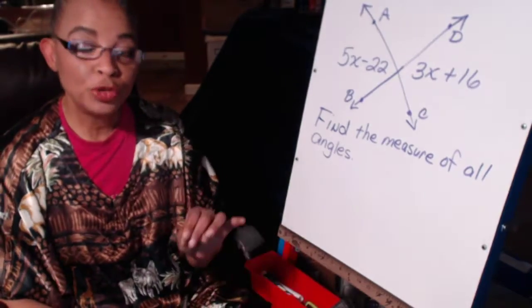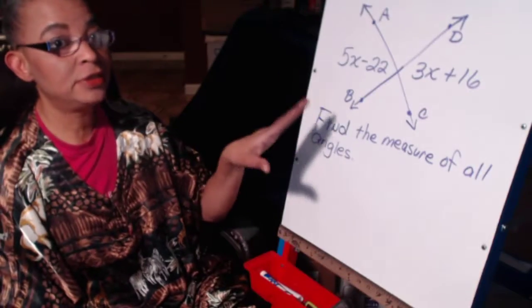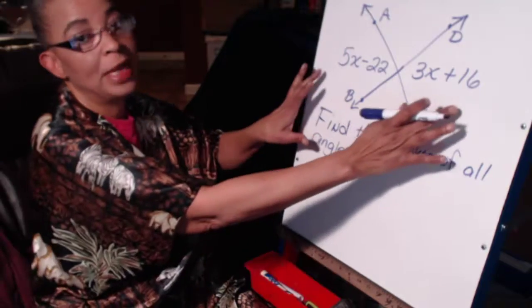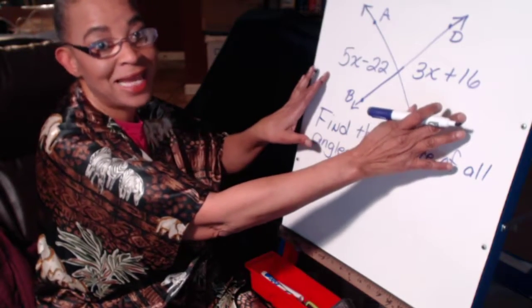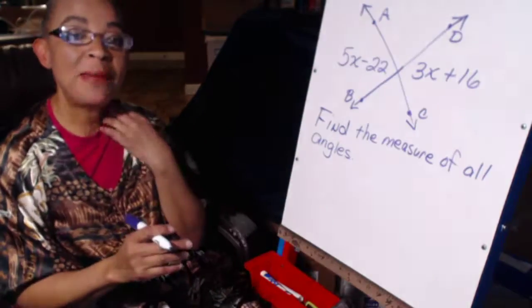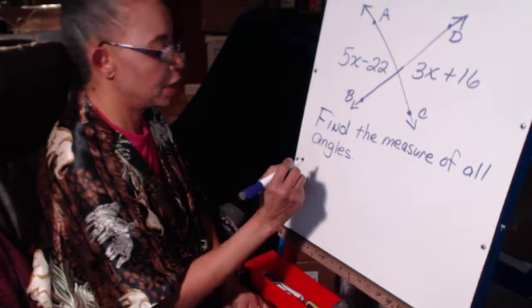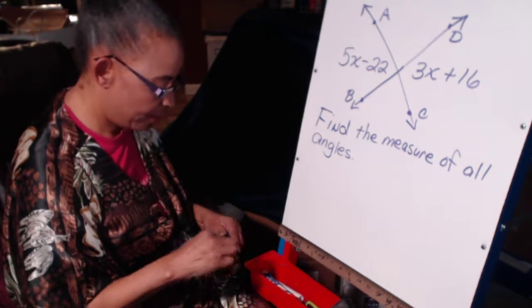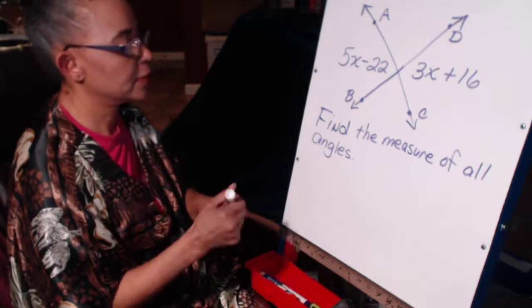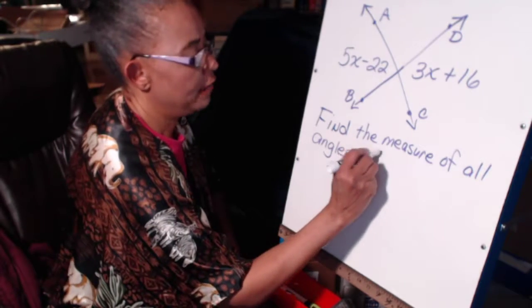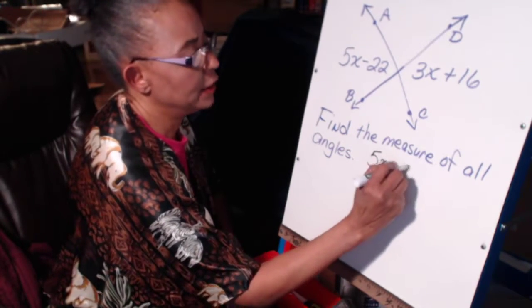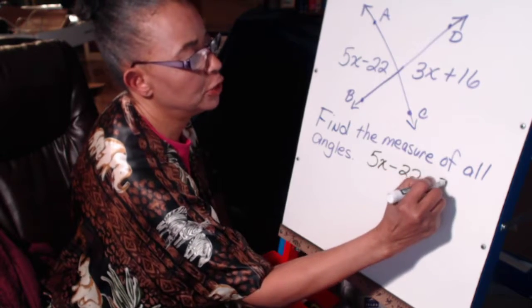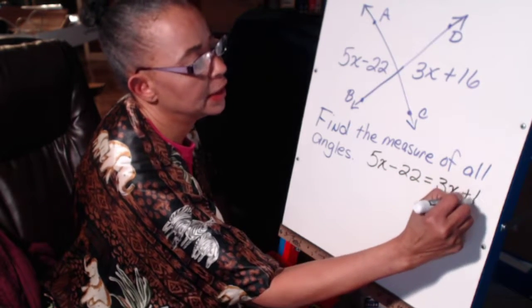Well, using the fact that these are vertical angles and we know that opposite angles have the same degree measure, that means we can set them equal to each other. So we would have 5x minus 22 equals 3x plus 16.